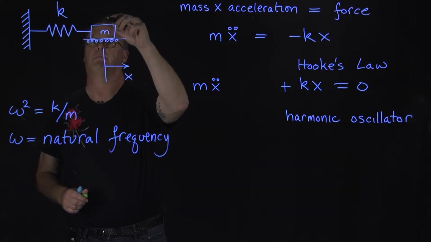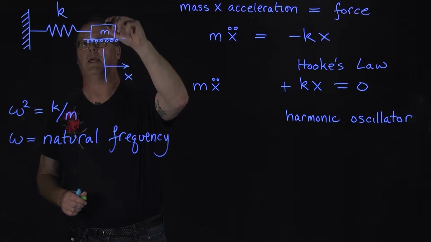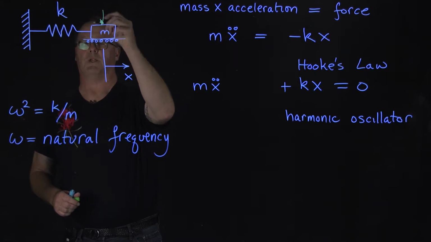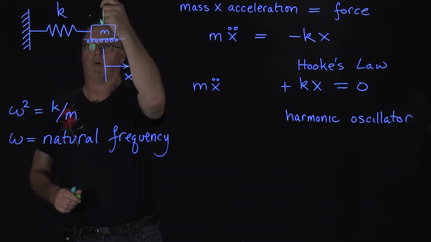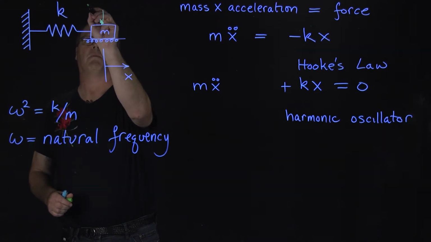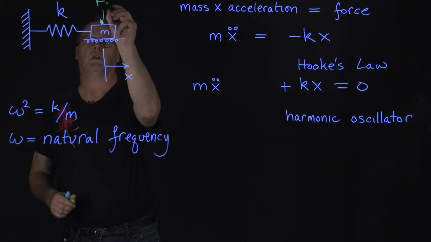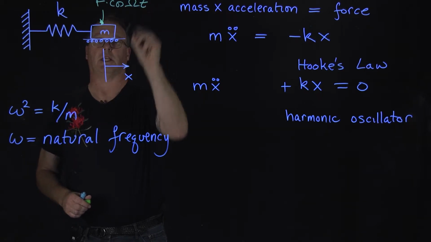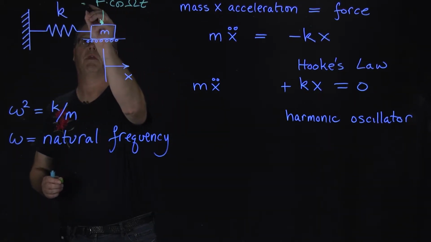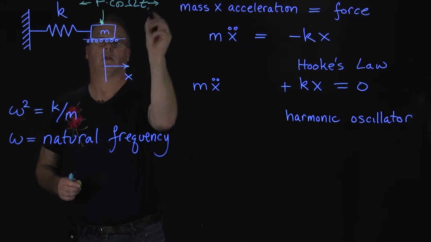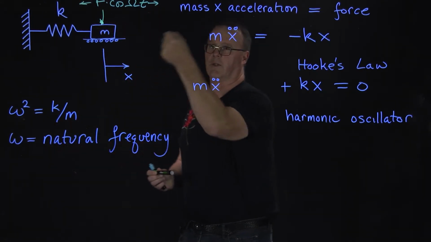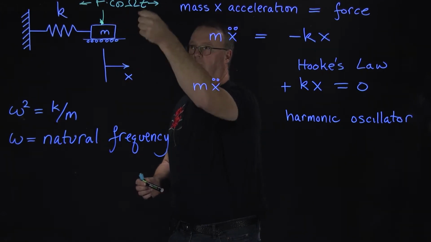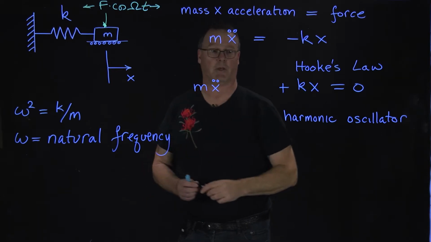So I'm not going to draw this in any reasonable way, but we'll assume that we've got something jammed into this thing and pulling back and forth on the mass with some force times a cosine of omega t back and forth this way. So we're forcing the oscillation of this spring mass system. So we're pulling on it with this frequency, but the natural frequency might be different.